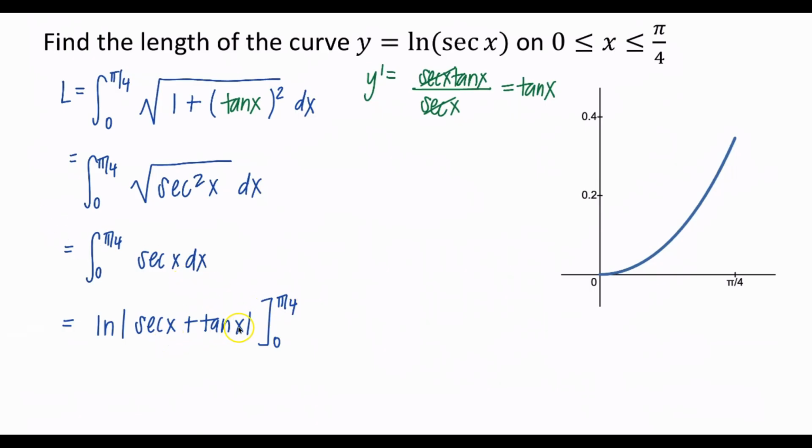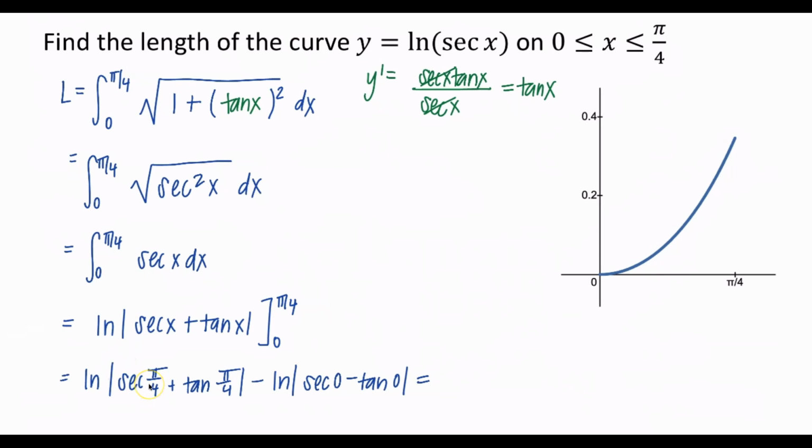And now we substitute pi over 4 into each x, and then subtract substituting 0 into each x. So we'll have natural log, absolute value, secant, pi over 4, plus tangent of pi over 4, minus natural log, absolute value, secant of 0, minus tangent of 0.